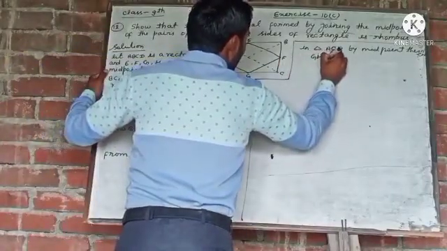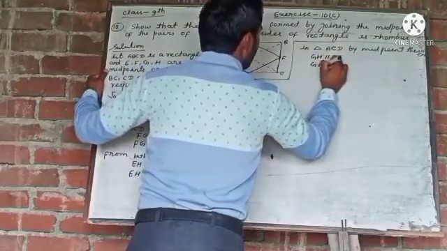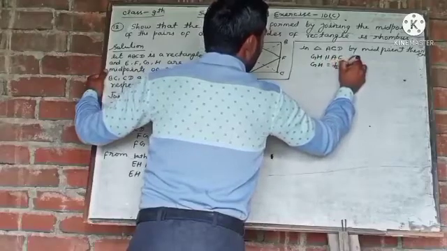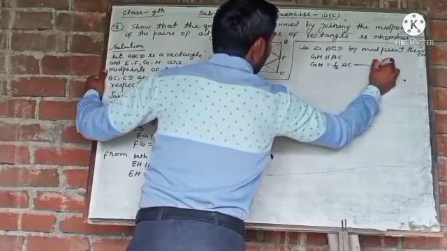So GH is parallel to AC and GH is equal to 1/2 AC. Let this be equation 4.